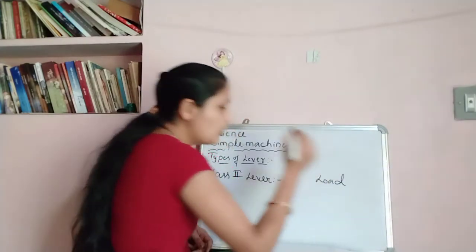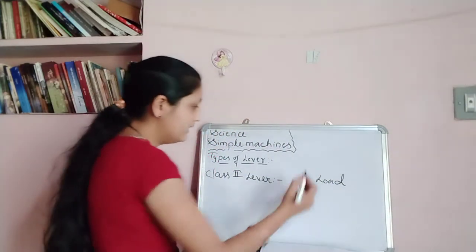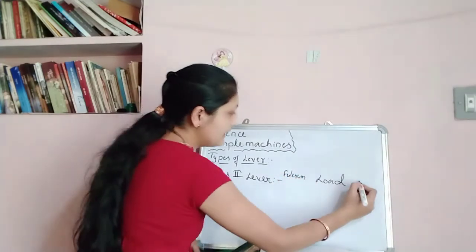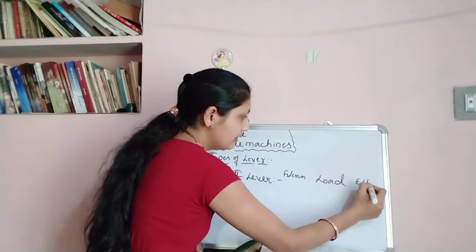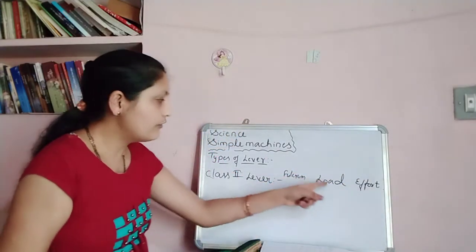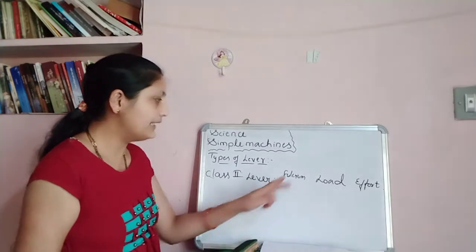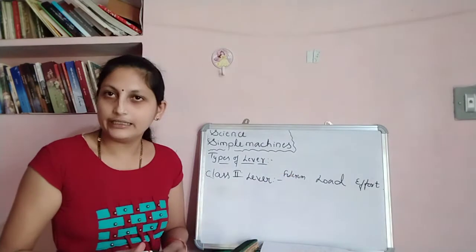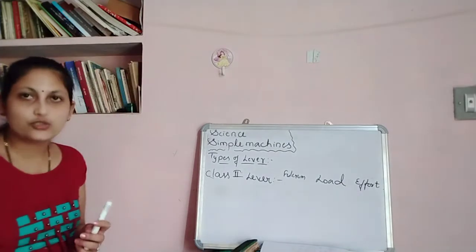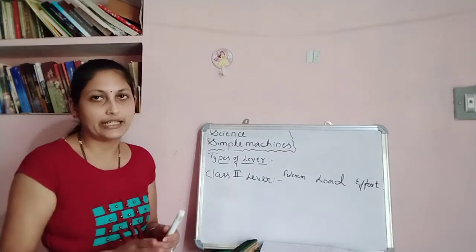Okay, load will be at the center and one end will be the fulcrum and another end will be the effort. We apply effort from the one end, load will be at the center, and fulcrum is at the another end. So such type of lever are called class 2 lever or lever of second order.